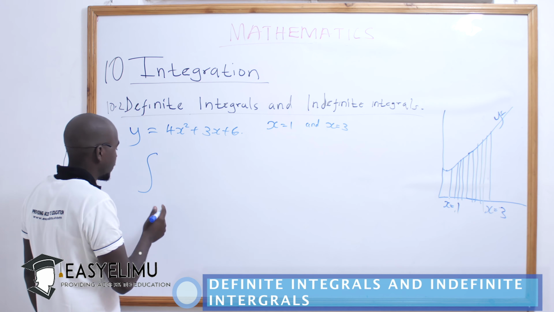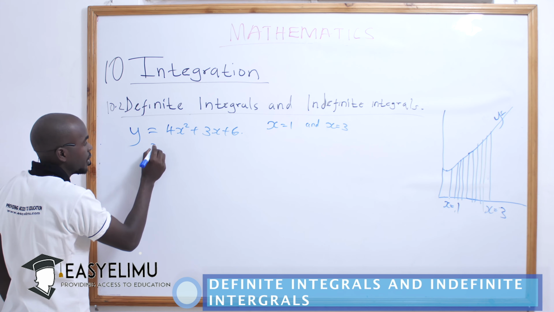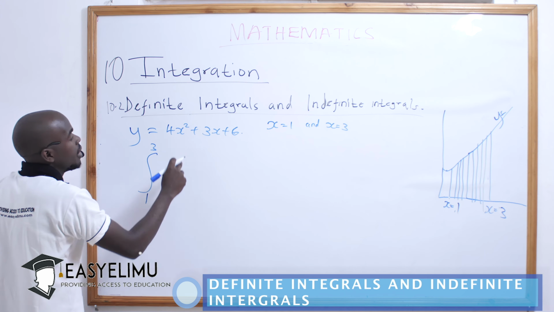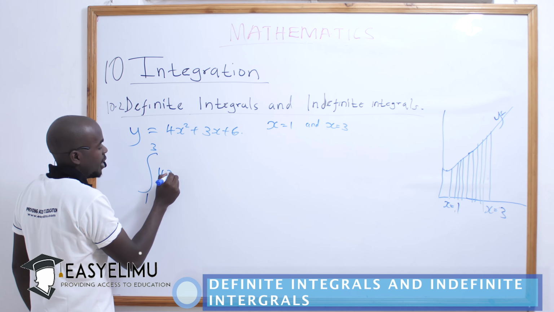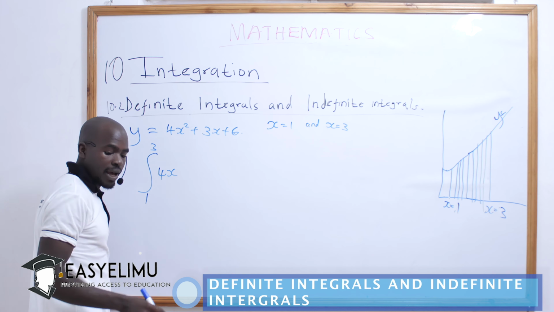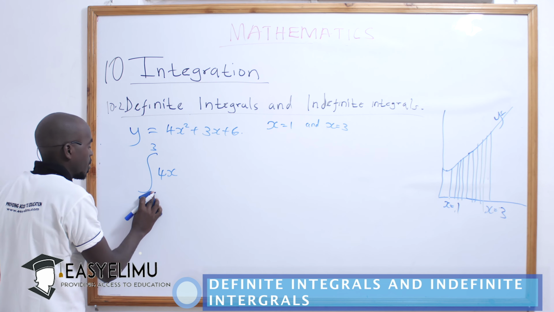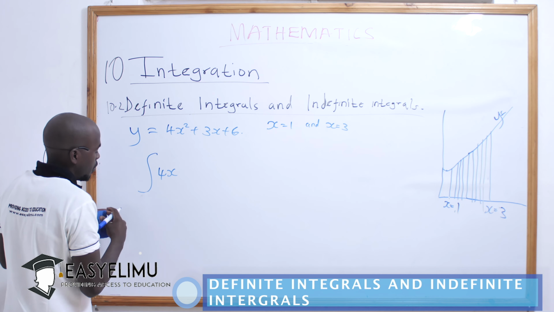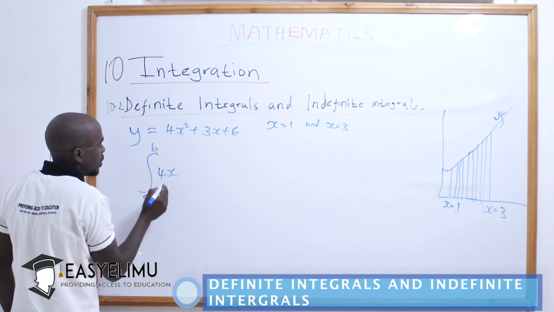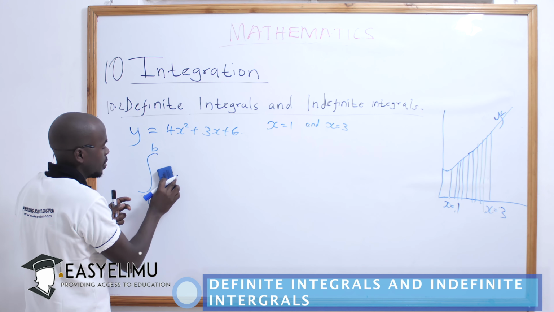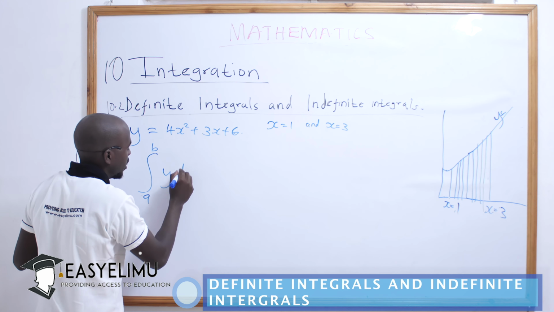So in that case, we have from 1 to 3, and remember here we have 4x squared as part of our y, or I can write it first. From a to b of y dx.